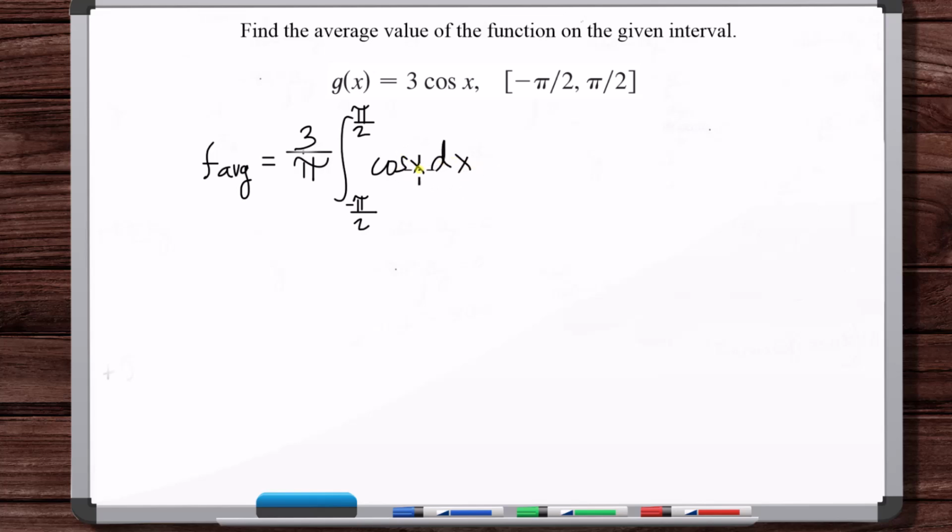Cosine x is an even function, and since we're going from minus a to a, we can take out a 2. So now we've got 6 over pi, and then evaluate this from 0 to pi over 2.